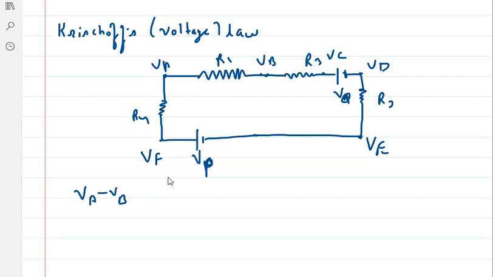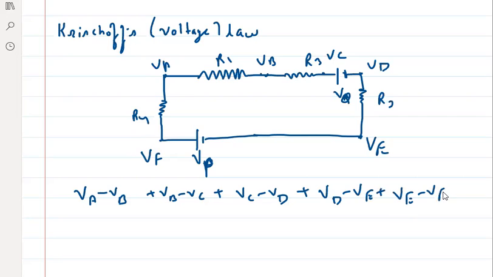B to C is VB minus VC, plus C to D is VC minus VD, plus D to E is VD minus VE, plus E to F is VE minus VF, plus F to A is VF minus VA. It is equal to what?